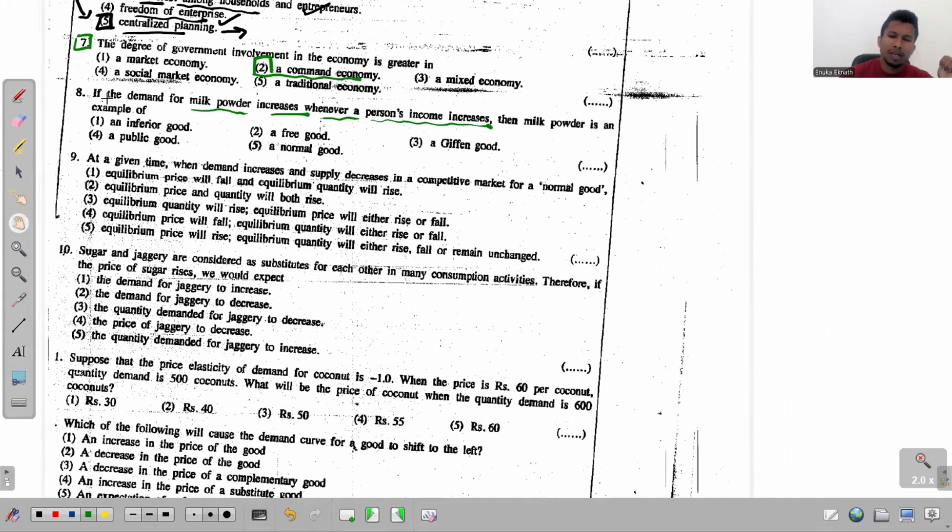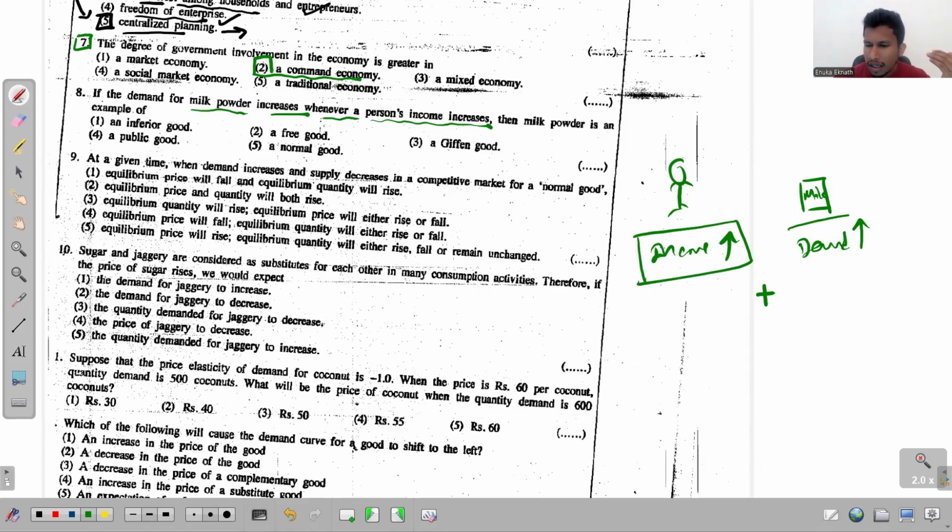So this is what has happened. We have this person and his income has increased. And when the income of this person increases, the demand for milk has also increased. Then this is a very simple question. There's a positive relationship between income and the demand for the product.